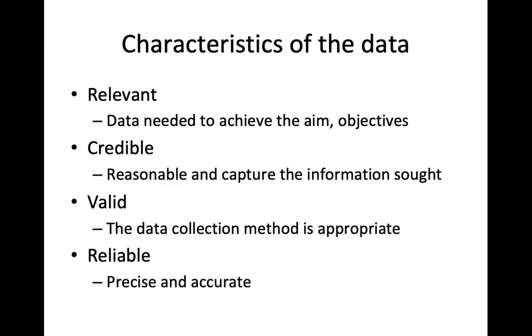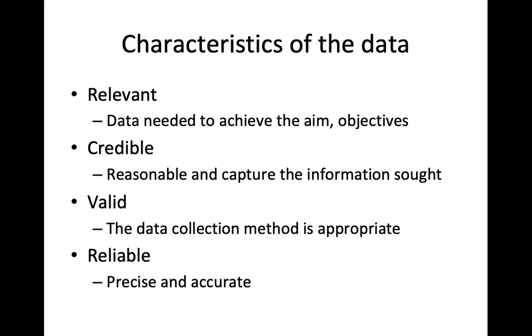They are the following. The data should be relevant or needed to achieve the aim and the objectives. They should be credible, which means that you will capture reasonable data and the data that will produce the information we are seeking in our research.